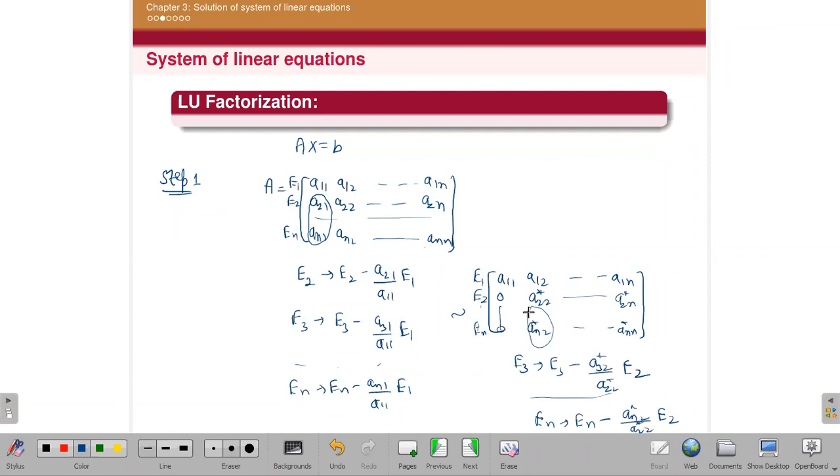So that will reduce the matrix so that the second column entries will also be 0 below the diagonal element.